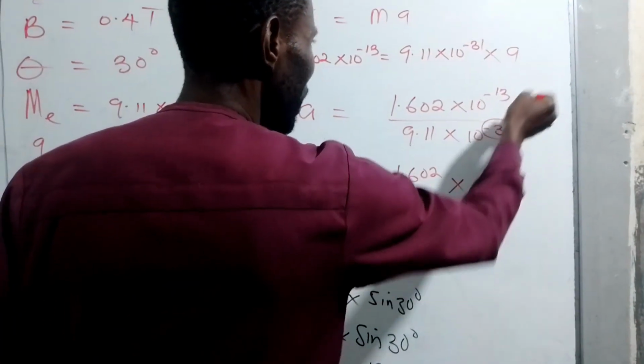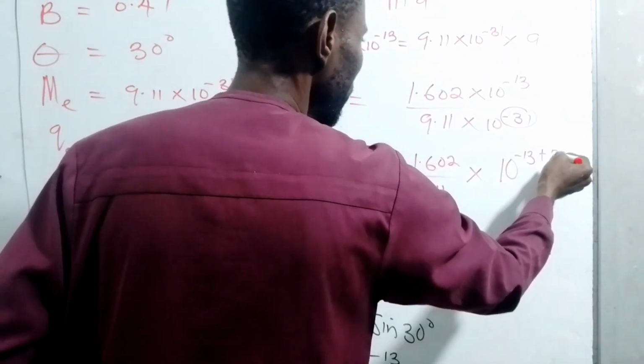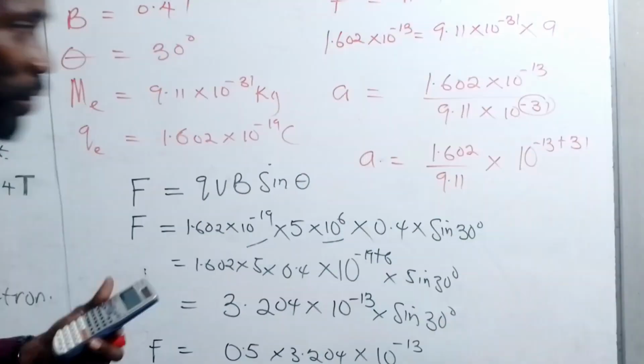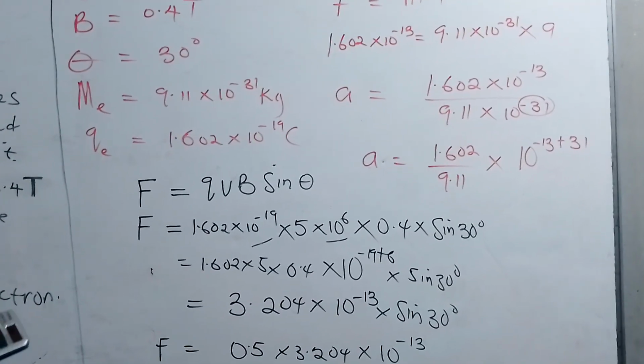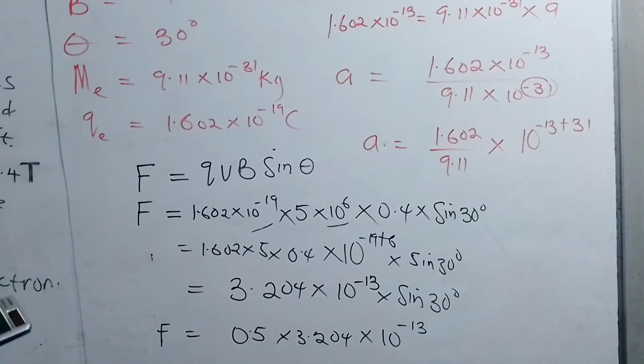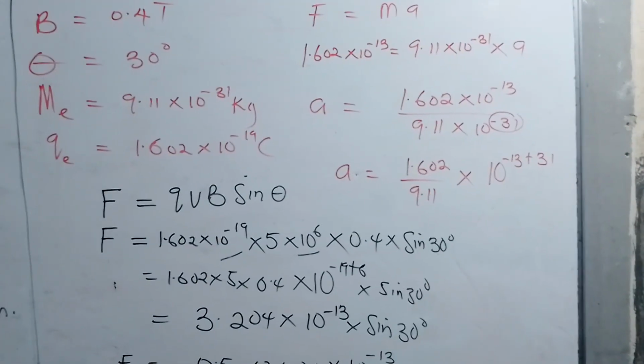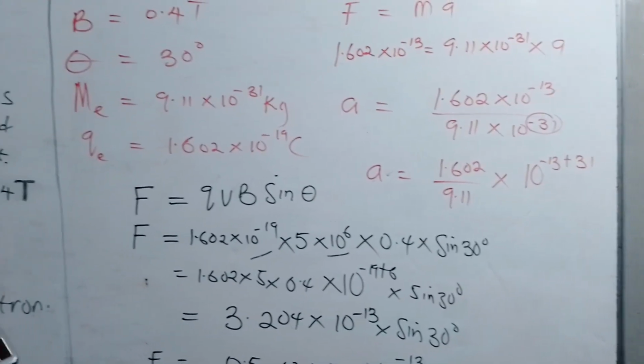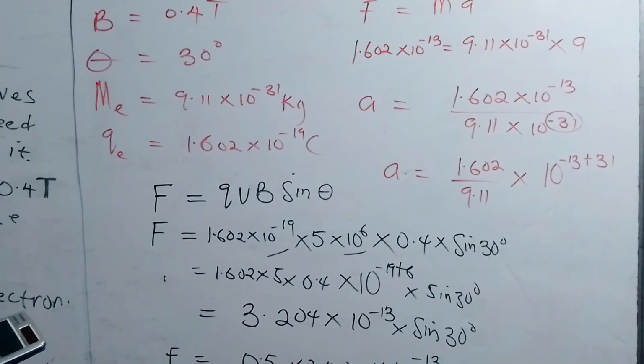Now this is minus 31, it becomes plus 31. So what we have there is 1.602 divided by 9.11.